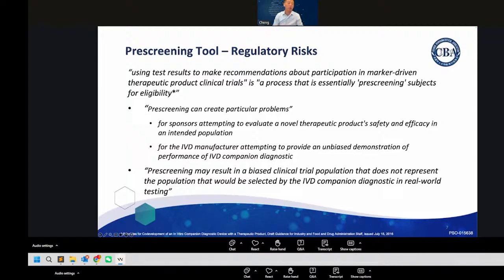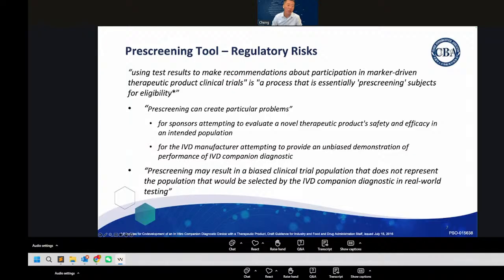For such pre-screening tools, FDA has already provided very clear guidance in their guidance document. I have the reference at the bottom of the slide. The FDA considers the use of those test results to make recommendations about participation in marker-driven therapeutic product clinical trials a process that is essentially pre-screening subjects for eligibility.